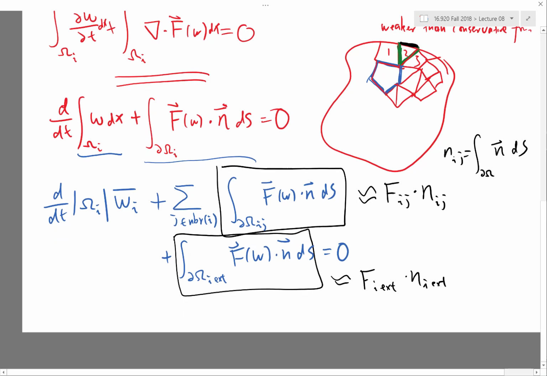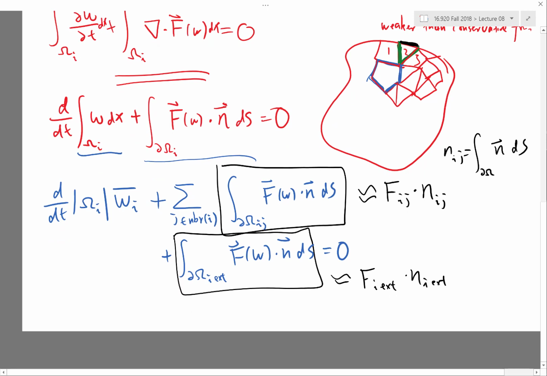So basically, the task of finite volume is to approximate the fluxes across different interfaces using only the information from the adjacent volume averages.